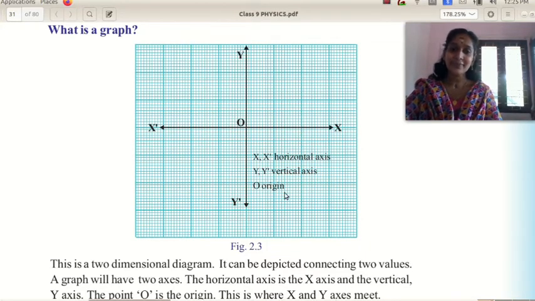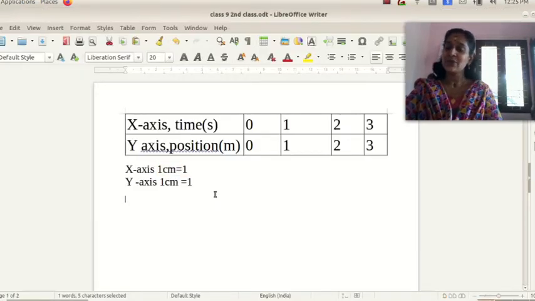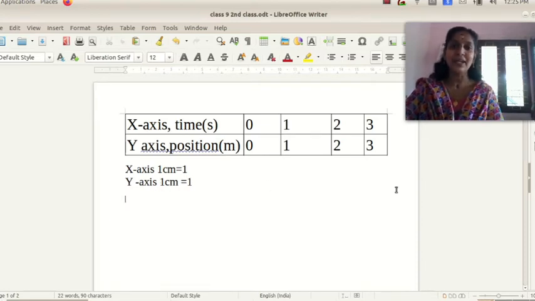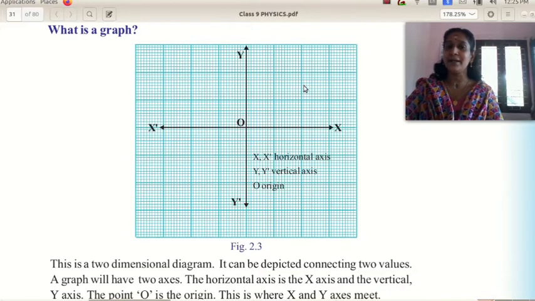Okay. So we are going to draw the graph. Here in x-axis 1 centimeter is taken as 1, and in y-axis we take 1 centimeter as 1. Then we are going to draw the graph. While drawing graph, we should mark in x-axis which value we have taken.